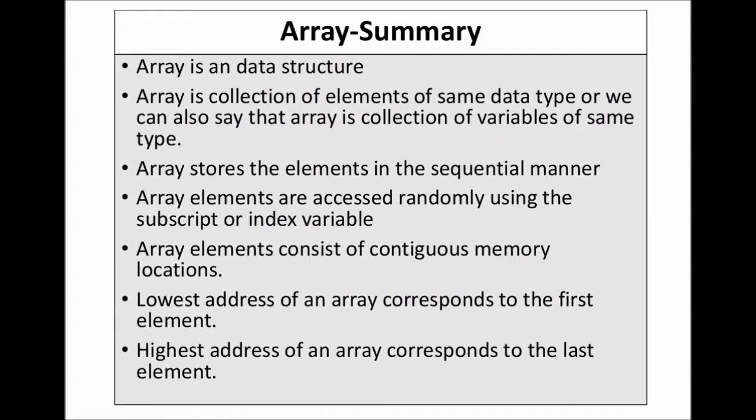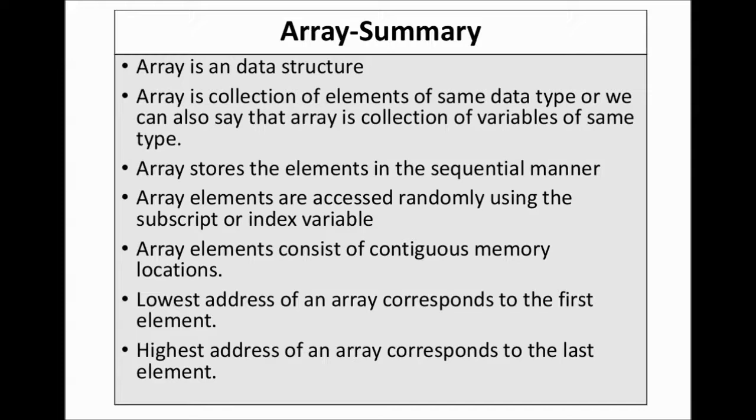So far, what we learned in this lecture is summarized as follows: an array is a data structure that is a collection of elements of the same data type, or we can also say that an array is a collection of variables of the same type. Array stores the elements in a sequential manner.